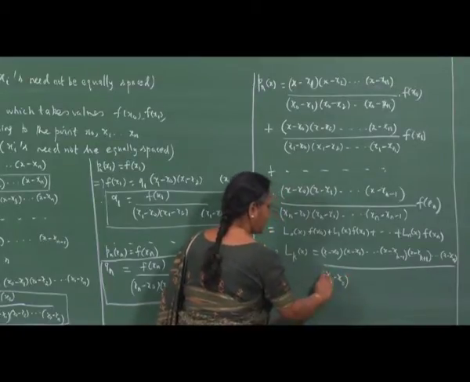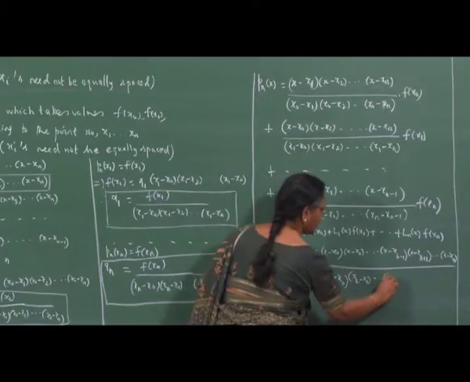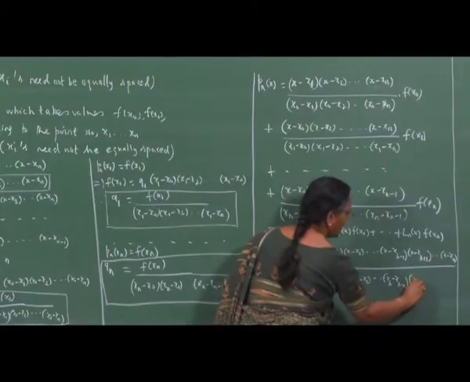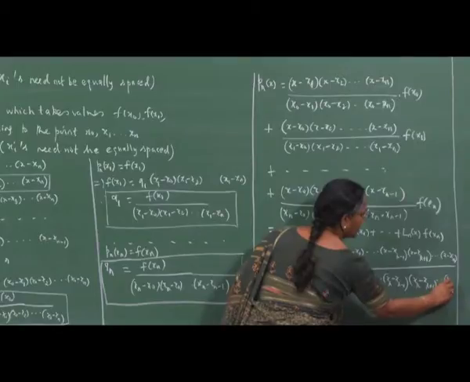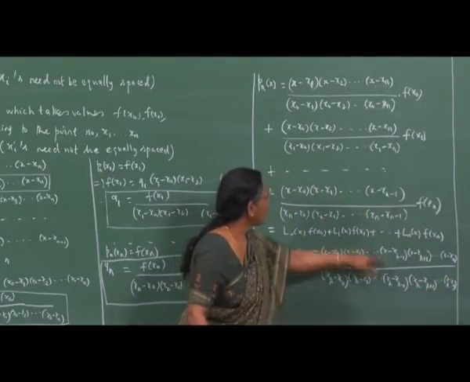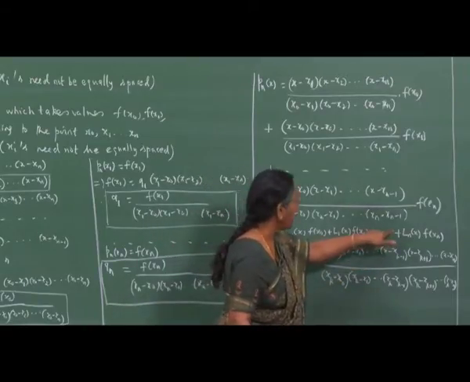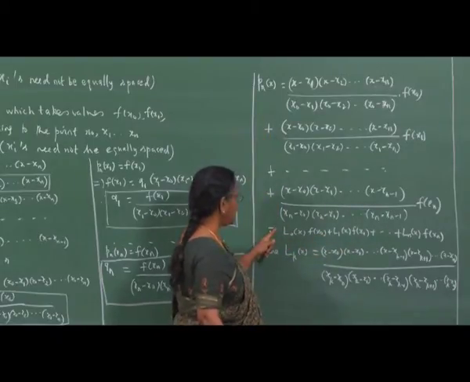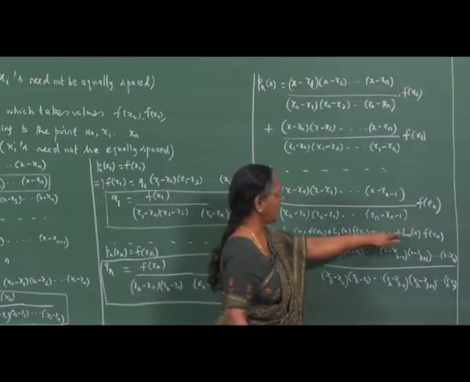So, it is x k minus x naught into x k minus x 1 etc. x k minus x k minus 1 into x k minus x k plus 1, and so on x k minus x n, and that is what L k of x is, and it should be multiplied by f of x k, so that we have P n of x equal to L naught of x f of x naught plus L 1 of x f of x 1 etc.